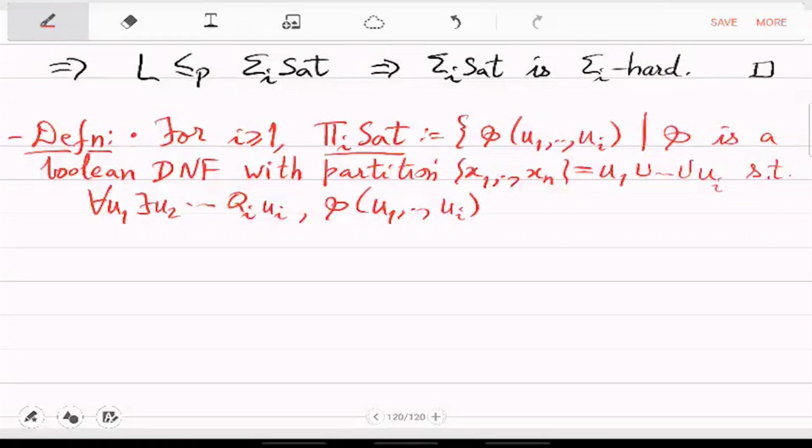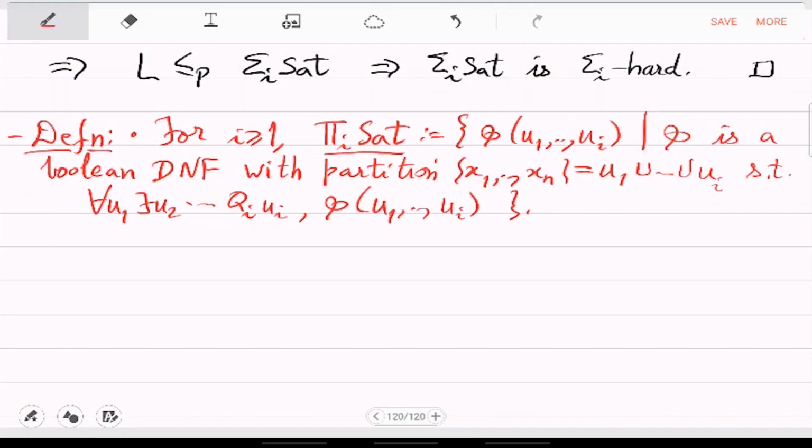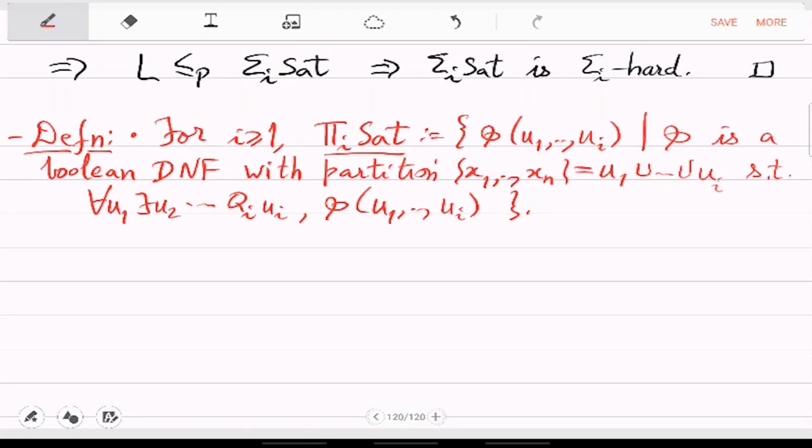So it's the same as sigma I SAT, except you start with for all in the expression instead of there exists. Okay, this equal to 1 is implicit here. Still, let us write it.